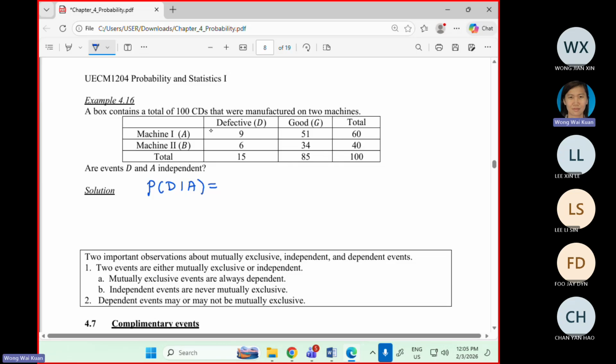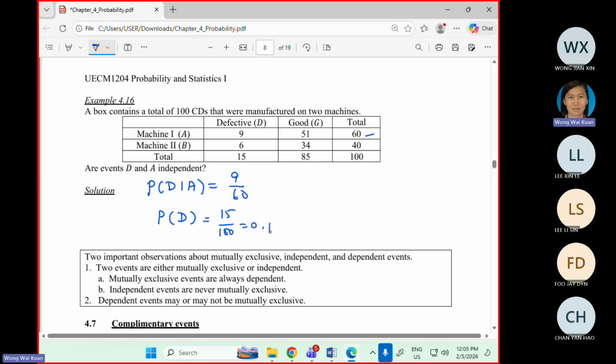9. This is A and D, right? 9 over 60, because for A we have all together 60. Then I must compare with what? Probability of D. So probability of D is 15 over 100.